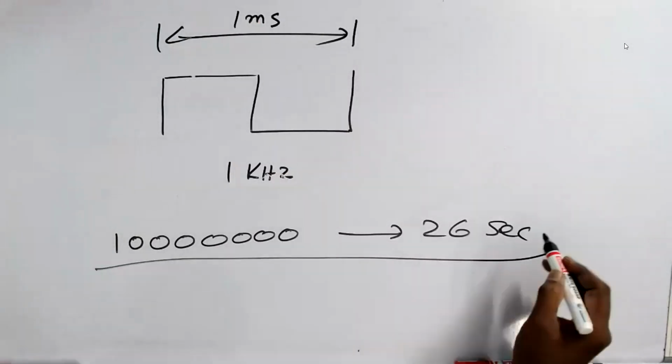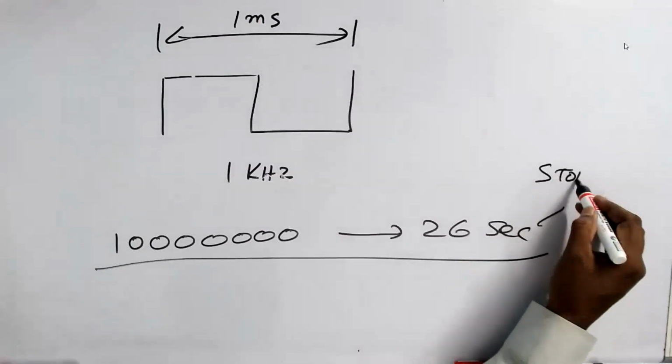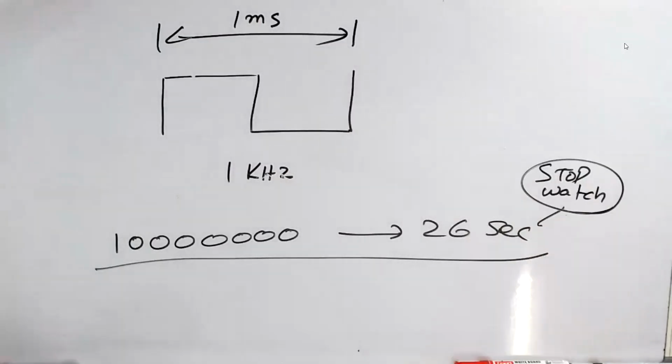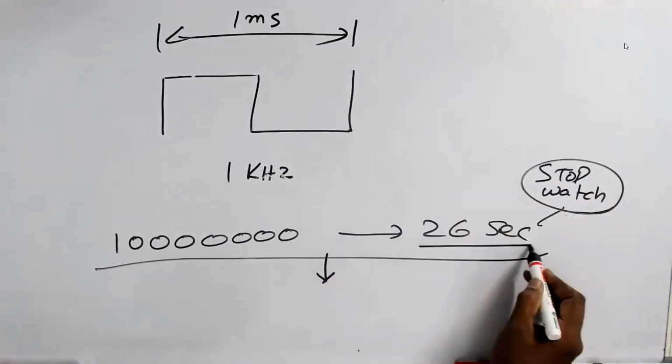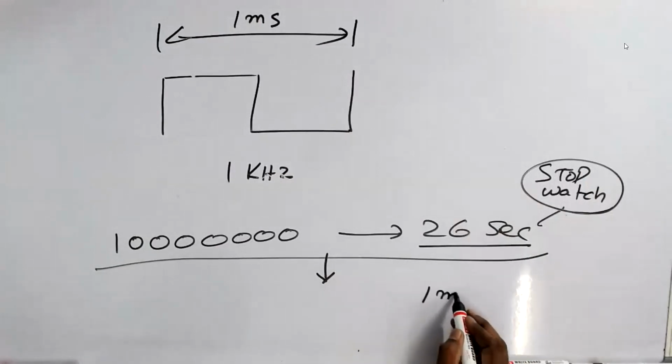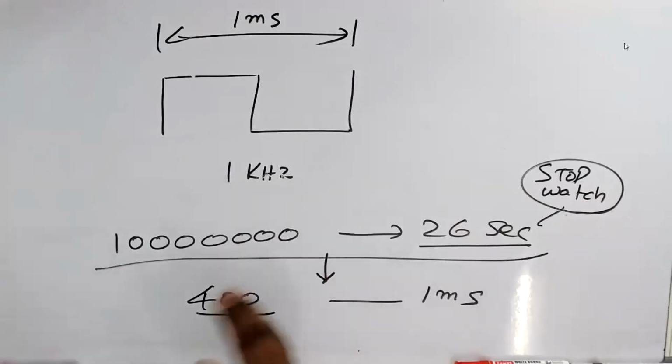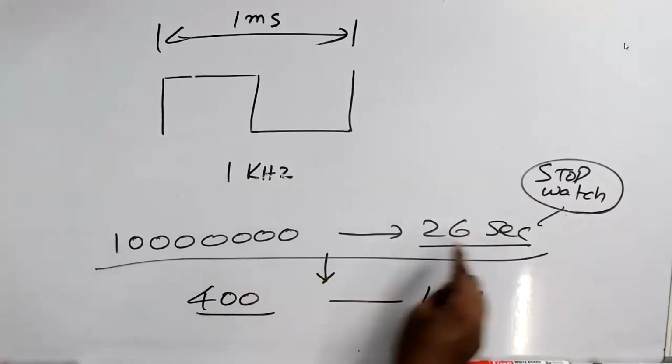We used the stopwatch, but that can be done by a logic analyzer also very nicely. Forget it now. From here, we calculate for 1 millisecond. We calculate the count is 400. Now you know how to calculate.